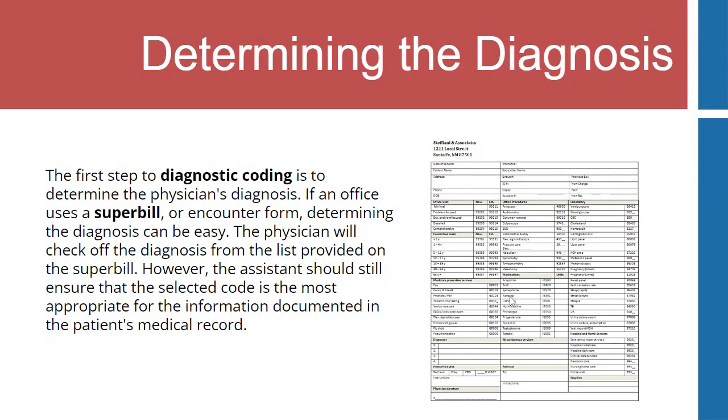Now, encounter forms are specific to the practice or specific to the specialty. So there's going to be a list of diagnosis codes and CPT codes that are commonly used in that specialty. All right. If for some reason the code is not listed on here, the provider will write it in. Okay. So this is going to be the perfect scenario. This is the first step. Okay. Super bill.